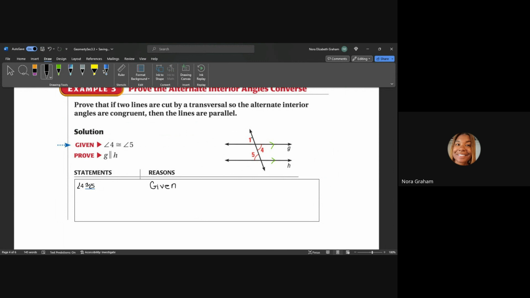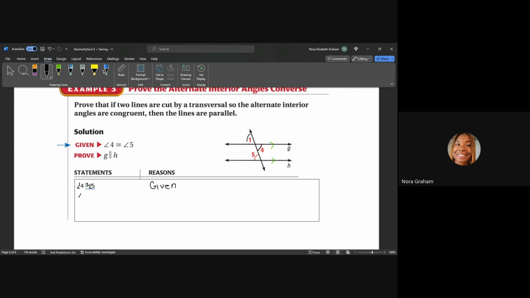Next, I want to see what else they provide me. They provide me with this angle right here, angle 1. When I look really close, I see that angle 4 has a relationship with angle 1. They're both vertical angles. Vertical angles are congruent, so that's going to help us out. Let's write it down.